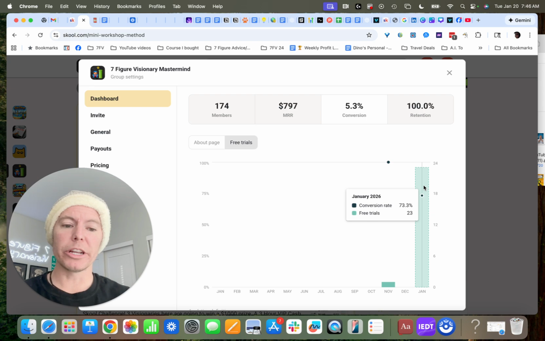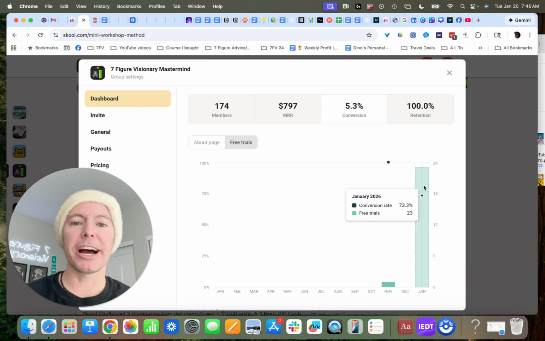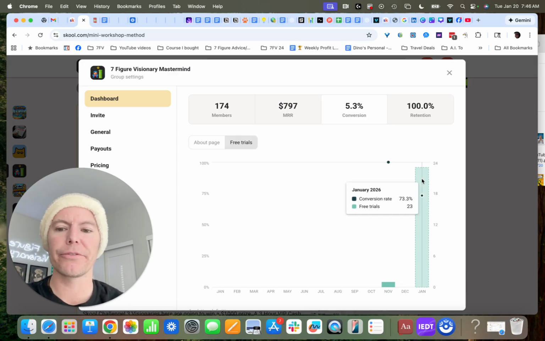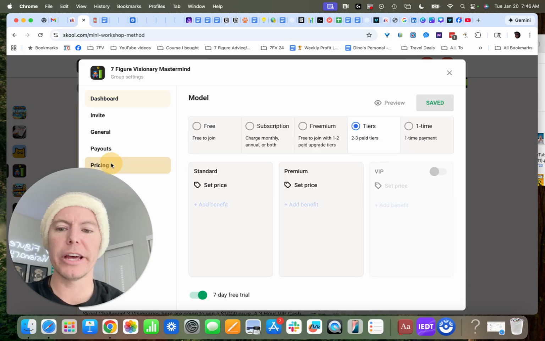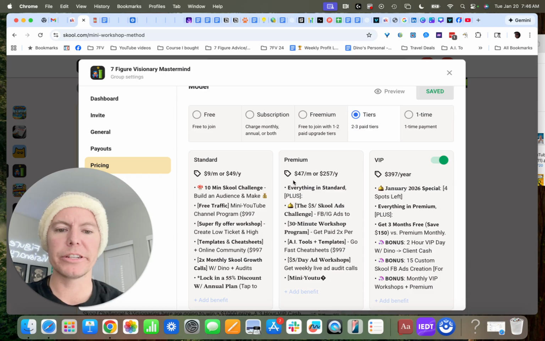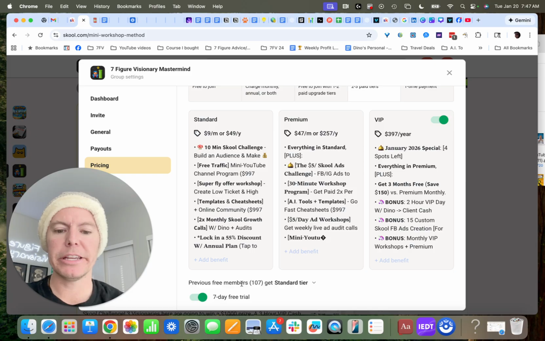But what you want to do is at some point in time, once you have run your tiers model system for a while, turn on the free trial. And the way that you do that is under pricing. And so you'll have your tiers set up. Here are our tiers again here: standard, premium, and VIP. But down here, you can enact the 7-day free trial.